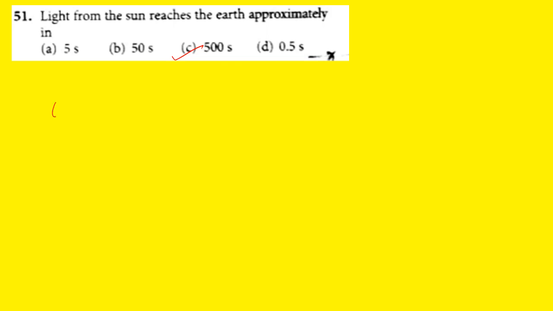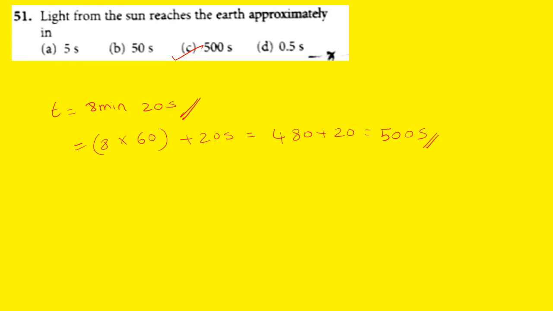The time taken by the light to reach the earth from the sun is 8 minutes 20 seconds. This again you have to memorize. So 8 minutes changed to seconds is 480 plus 20. So this is how the 500 second answer is coming. You should know this, children, because we are all on the earth and we are enjoying the sun's light. It takes 8 minutes 20 seconds. Really super fast, right? So the answer is 500 seconds.